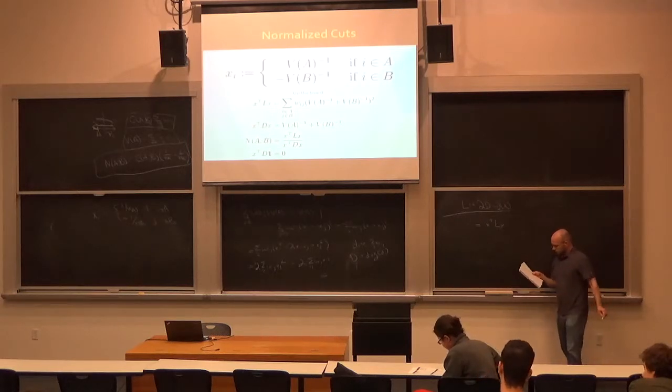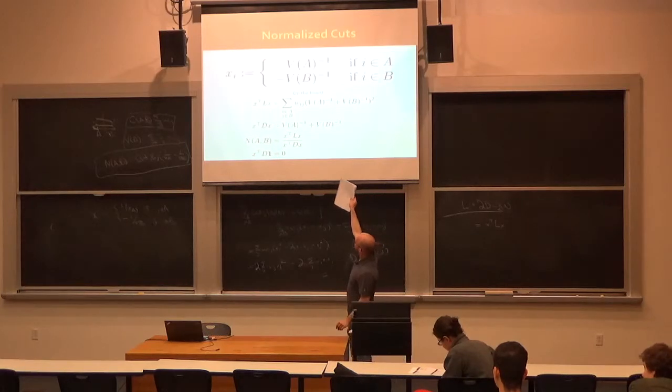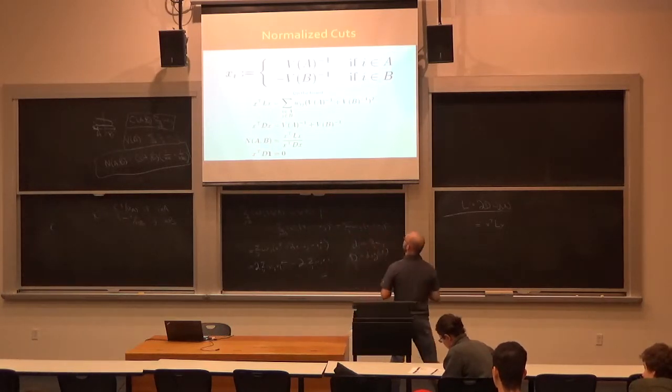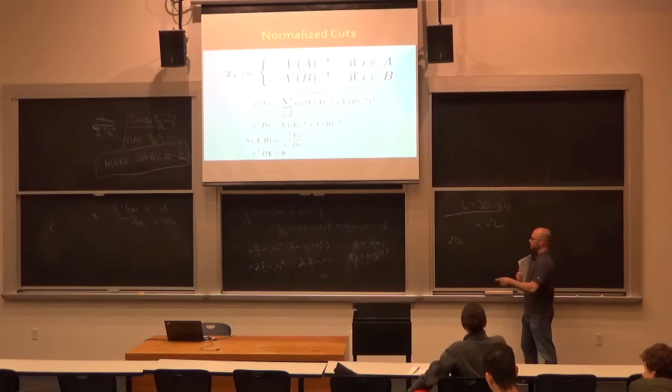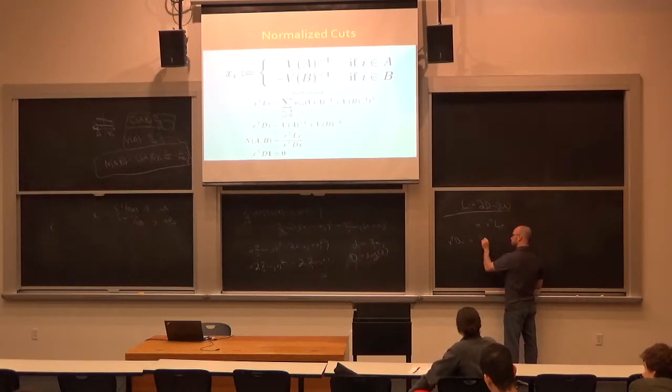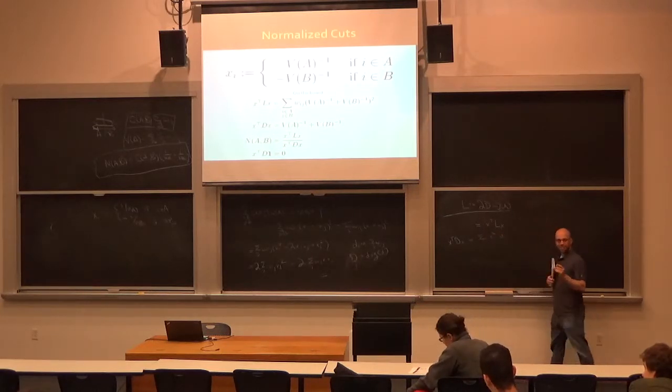And similarly, let's take a look at the second line here. What is the volume of A inverse times the volume of B inverse? Well, one way to see this is it's x transpose Dx. And remember that D is a diagonal matrix, so really this is the sum over i of xi squared times di. So I'm just going to do it in reverse.